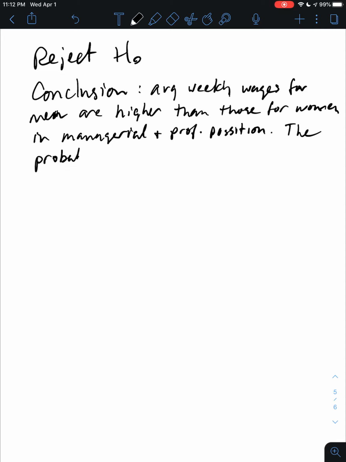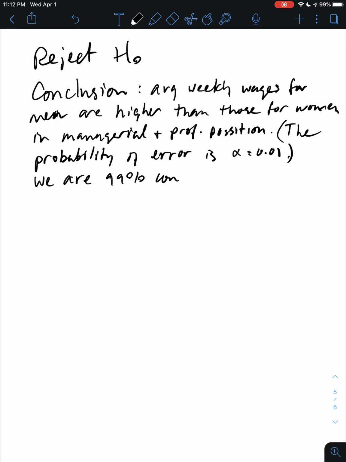Probability of error is, instead of that, we can often say we are 99% confident. Okay, so that is a complete test of hypothesis for that situation.